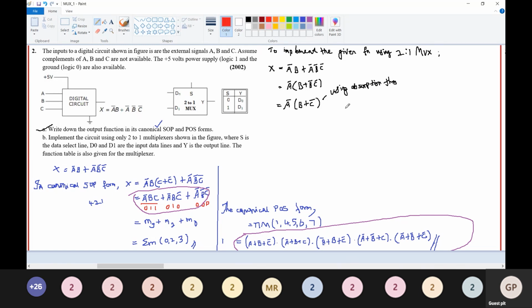The absorption theorem is nothing but: x plus x dash y equals x plus y.